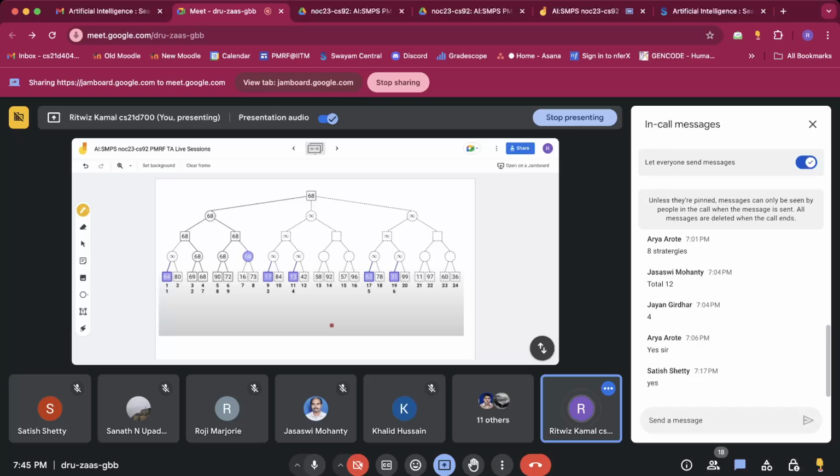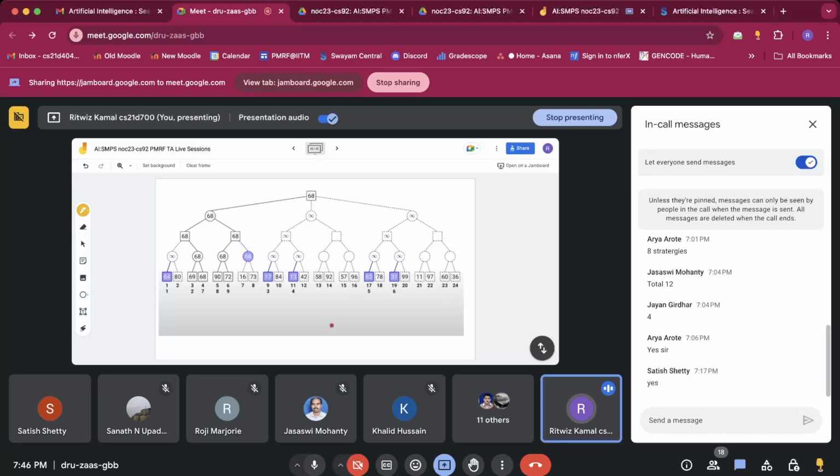Any doubts here? That is the property of SSS star.